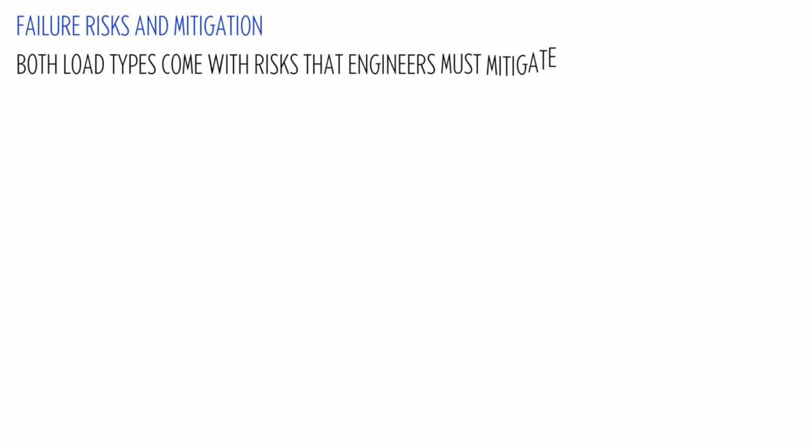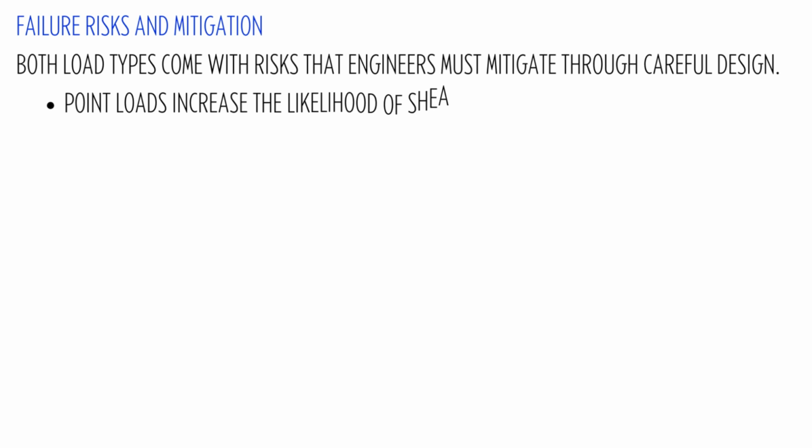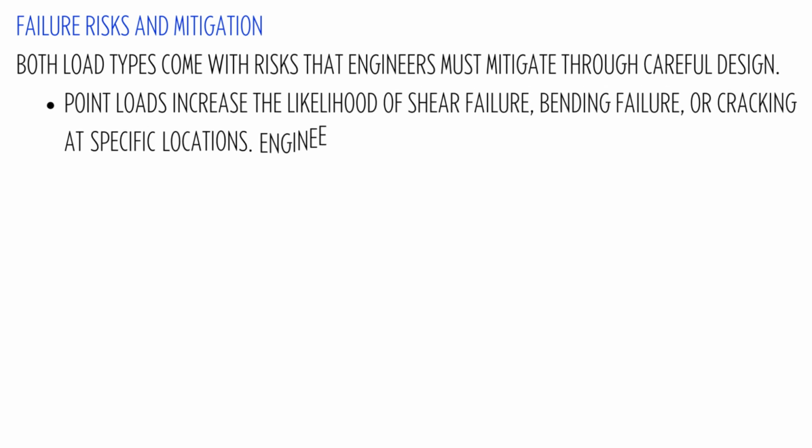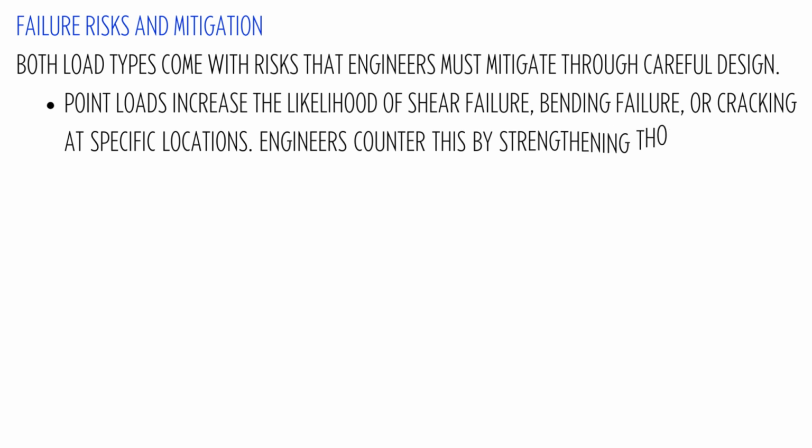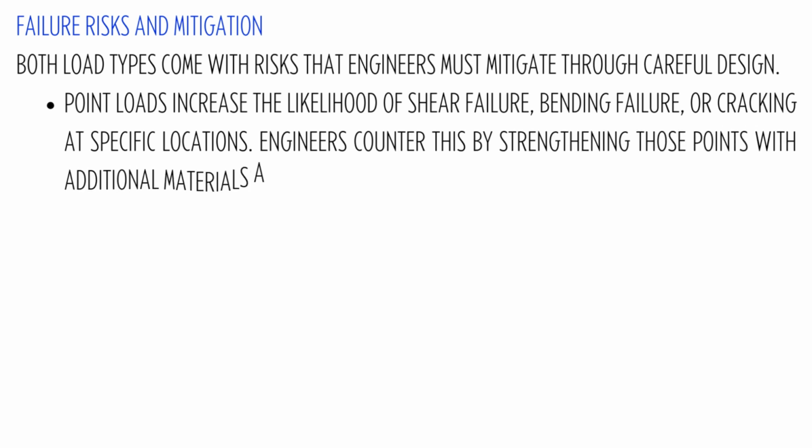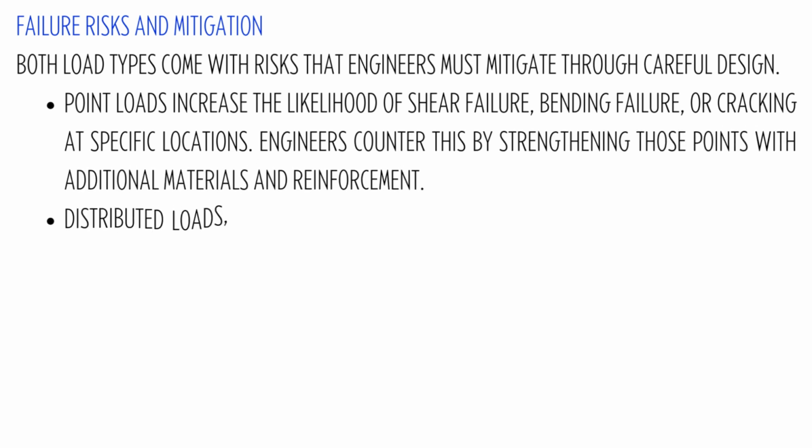Failure risks and mitigation. Both load types come with risks that engineers must mitigate through careful design. Point loads increase the likelihood of shear failure, bending failure, or cracking at specific locations. Engineers counter this by strengthening those points with additional materials and reinforcement.